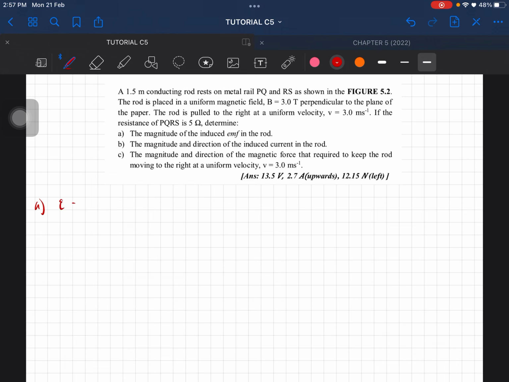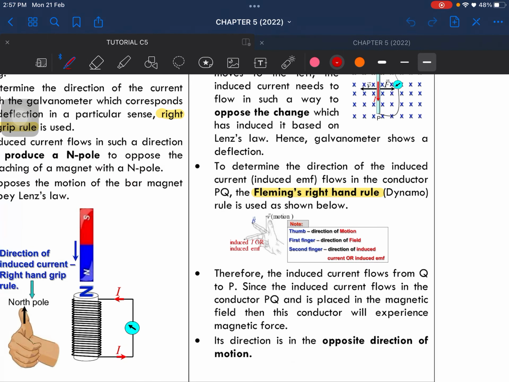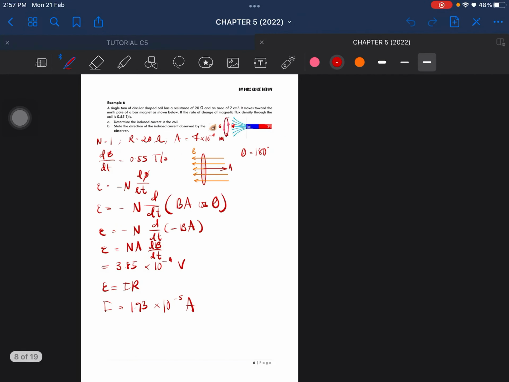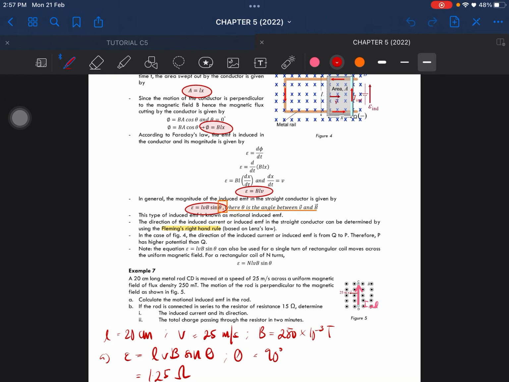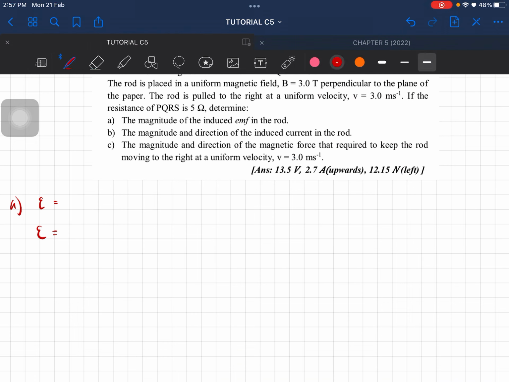Now question A, we have to calculate the magnitude of the induced EMF. That is just EMF equals BLV sine theta. Theta is the angle between V and B. I don't like to write it this way because I always get confused.